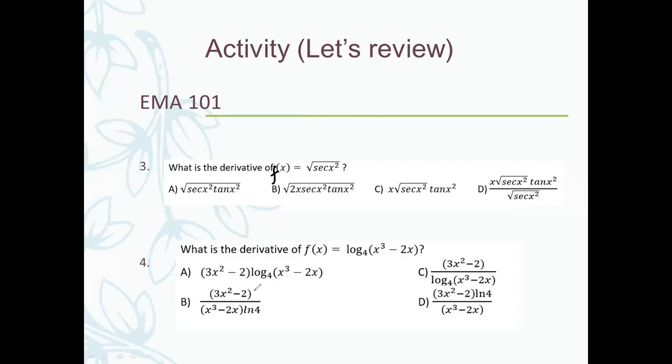And for number 4, you are asked to find the derivative of the log of x cubed minus 2x to the base 4. Feel free to chat on the chat box what is the answer for these two. You may type the letter only corresponding to the correct answer.